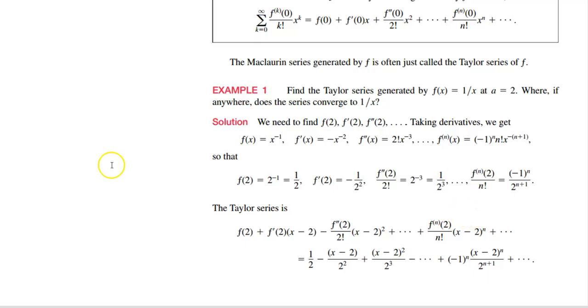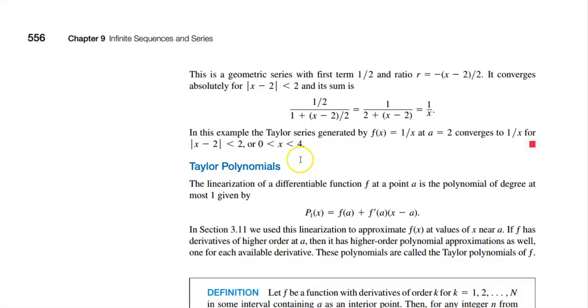The Taylor series is f of 2 plus f prime of 2 times x minus 2, plus f double prime of 2 over 2 factorial times x minus 2 squared, plus, right, the nth derivative of f at 2 over n factorial times x minus 2 to the nth, and that equals 1/2 minus x minus 2 over 2 squared, plus x minus 2 squared over 2 cubed, minus x minus 2 to the fourth over 2 to the fourth, and so on, which gives plus negative 1 to the nth power times x minus 2 to the nth power over 2 to the n plus 1, our series statement.